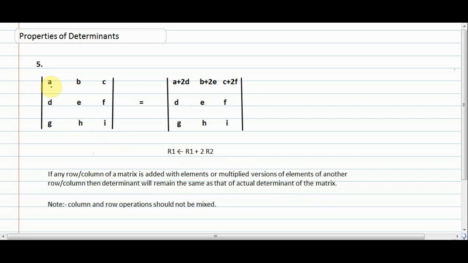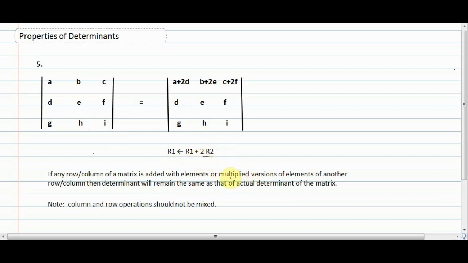Here we have row 1 elements as A, B, C. Row 2 is having elements D, E, F, and row 3 is having elements G, H, I. Now if we are doing a row manipulation like this, suppose R1 is changing to R1 plus 2R2. So here this second part 2R2 is nothing but multiplied version of row 2.